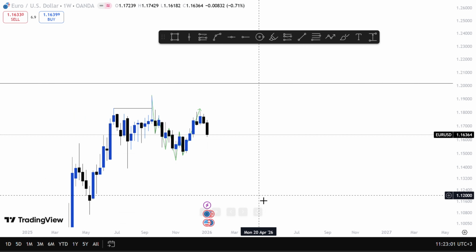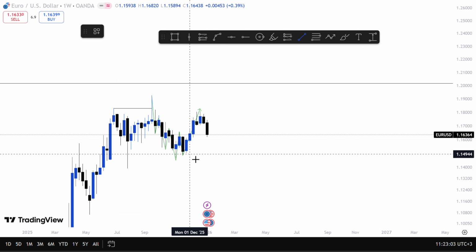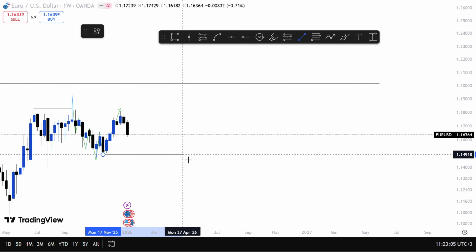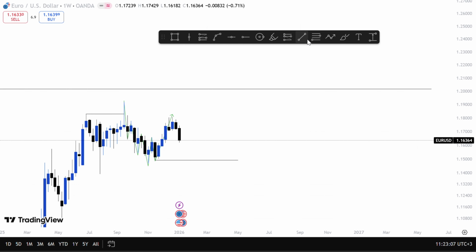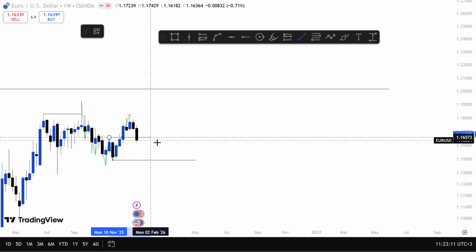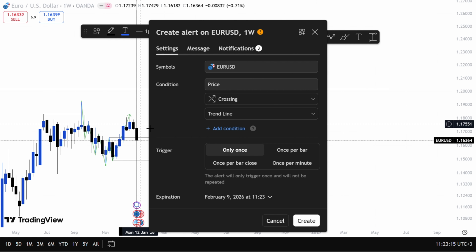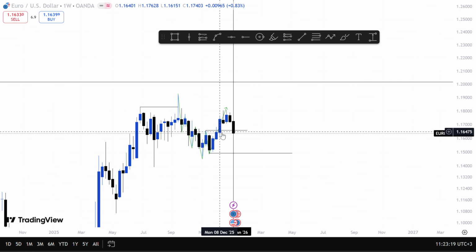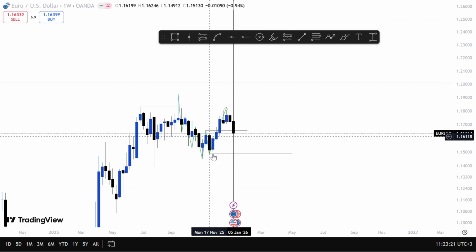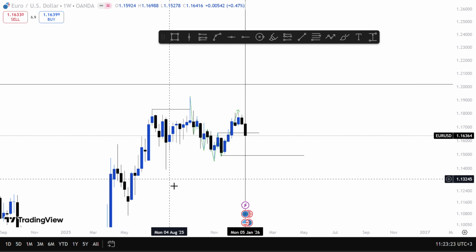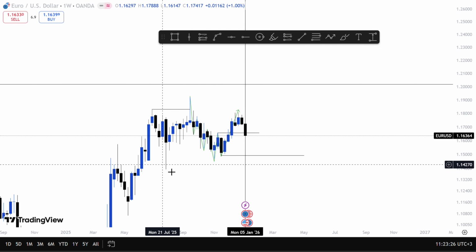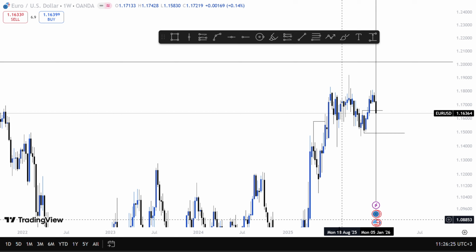So right now I marked my range. I was thinking, okay, this is the range. Even before this candle formed here, I marked this range, and I knew it failed to clean out this price reaction.